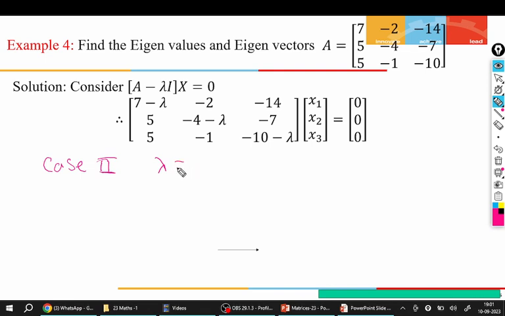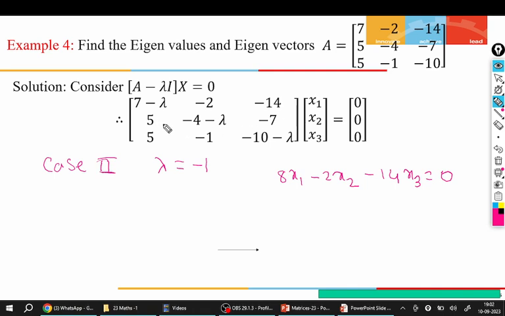Lambda equal to -1 is not new, just like the previous example. When you put lambda equal to -1, what happens? The first equation becomes 7 plus 1 is 8, so 8x1, next is -2x2, third coefficient is -4, so 14x3 equal to 0.